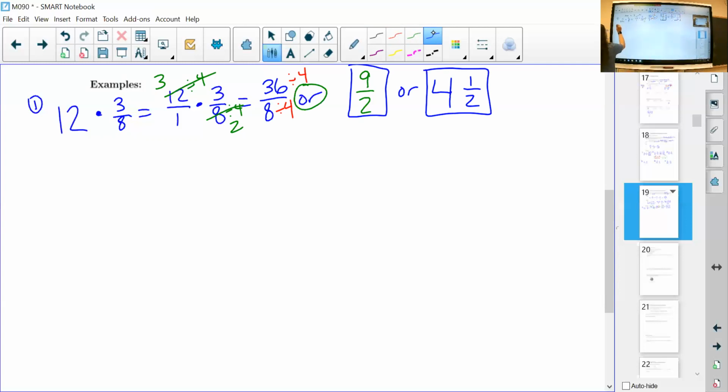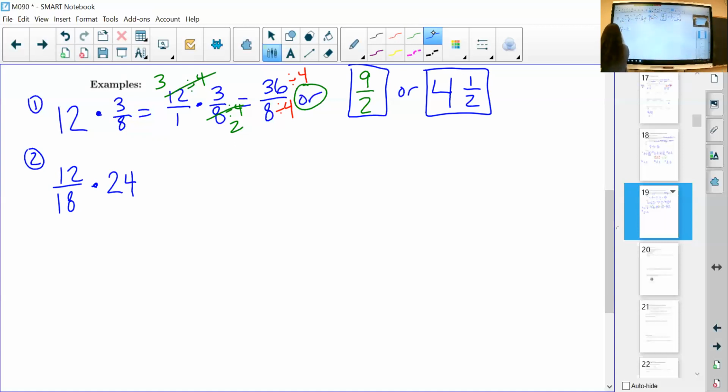Okay, so let's look at example 2. I'll give this one for you to do. 12 over 18 times 24. There are a few ways to do this. I would recommend simplifying first. Take a look at that 12 and that 18. They share some common factors. How can you make these numbers smaller so that they're easier to deal with?